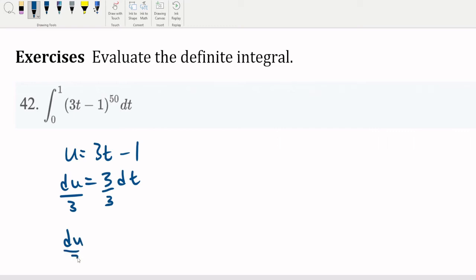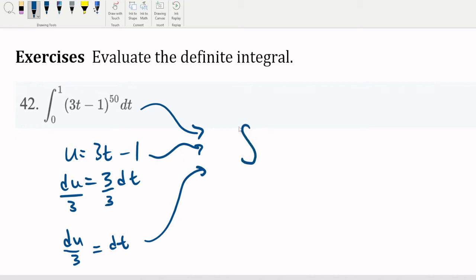So du over 3 equals dt. So over here, do the substitution. Okay, so we've got u to the 50th, and then dt becomes du over 3.